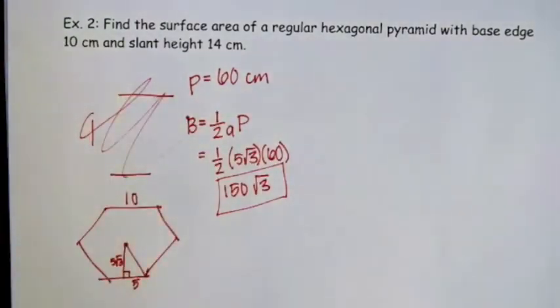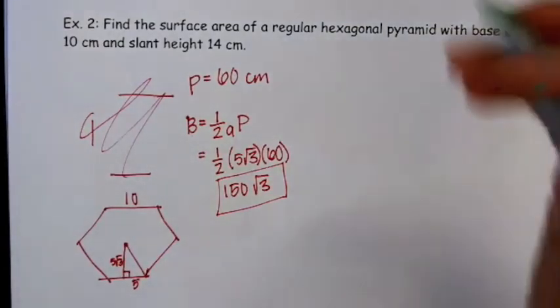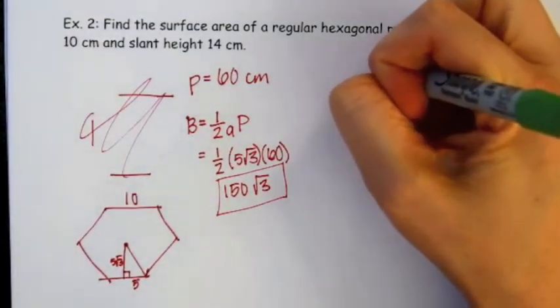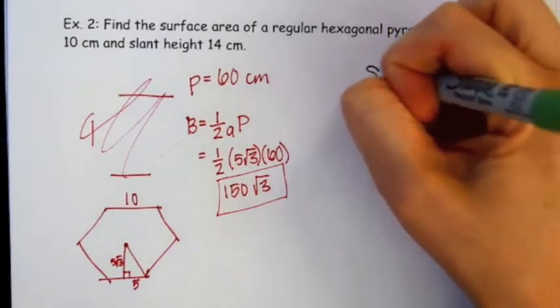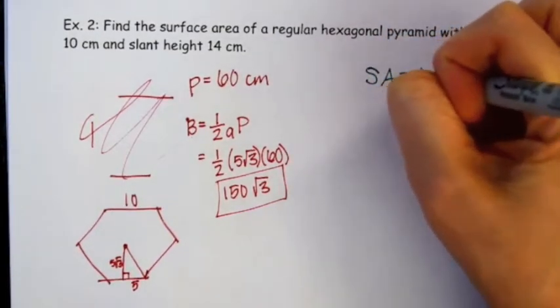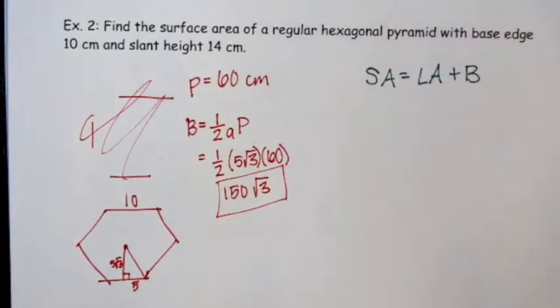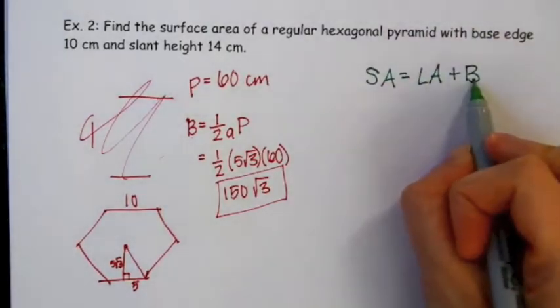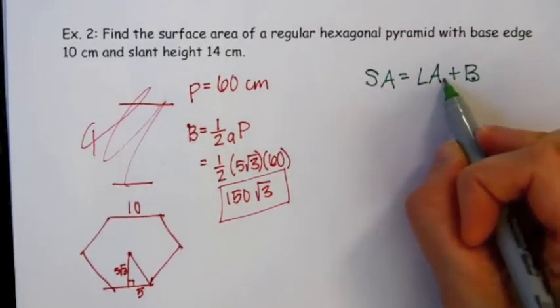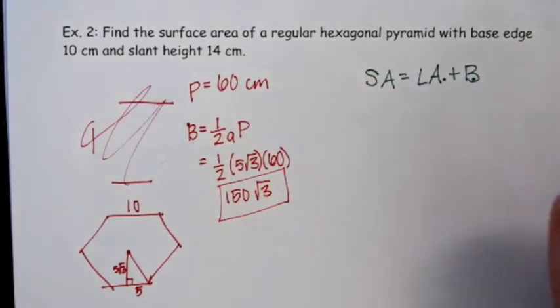Okay, now I'm going to use that in order to find the surface area of my pyramid. So remember, the surface area of my pyramid is my lateral area plus the area of my base. I know the area of my base, but I have not found the lateral area yet. So I need to go ahead and do that.